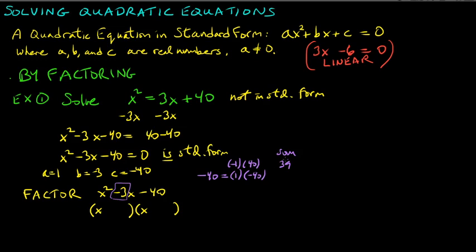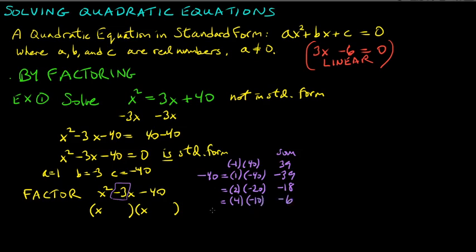So it doesn't add to negative 3, and it doesn't add to a negative. If you do the bigger number being negative, 1 minus 40 would be negative 39, which is still wrong, but it's negative. You can also do 2 times negative 20, and 2 minus 20 is negative 18, still no match. I don't think it's divisible by 3, so if we divide by 4, we get negative 10, and 4 minus 10 is negative 6.